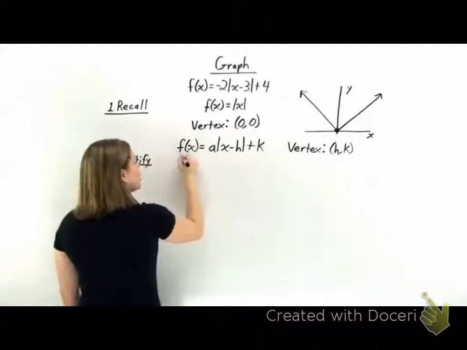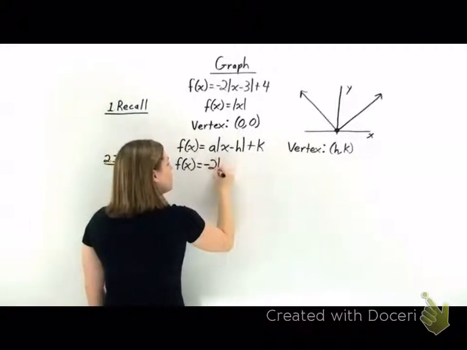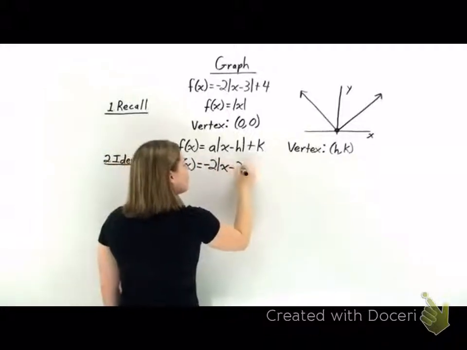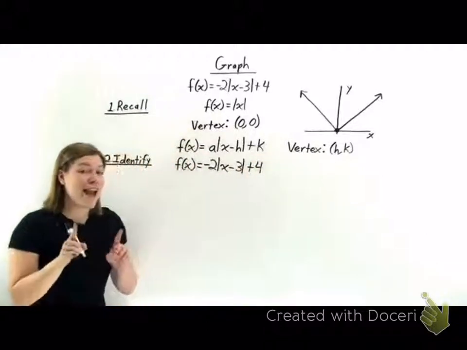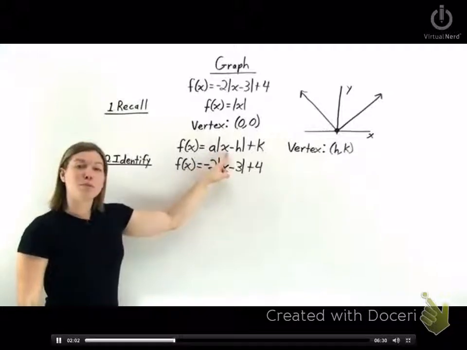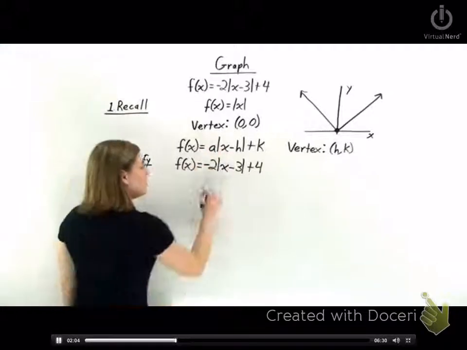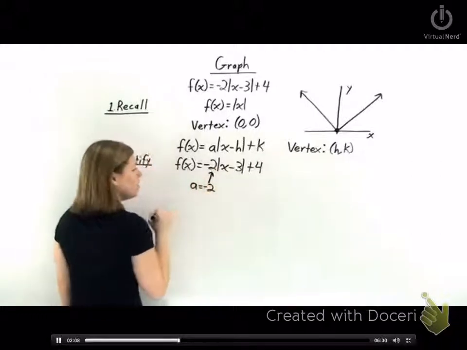Again, our function is f of x equals -2 times the absolute value of x minus 3 plus 4. Now let's identify a, h, and k. In the general form, a is being multiplied by the absolute value. Here, we can see a is equal to -2.